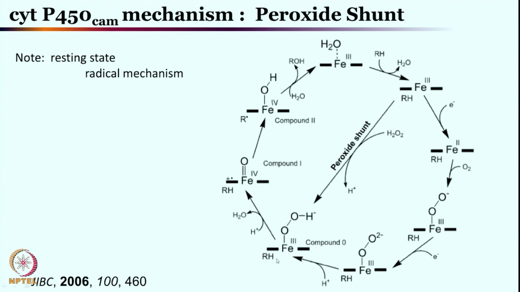Here we have information that this species is called compound 0 or iron 3 hydroperoxide species, which can undergo cleavage of the OH bond to give the iron 4 oxo radical cation. So, essentially iron 5 oxo, which can abstract a hydrogen atom from RH to give the iron 4 hydroxo.